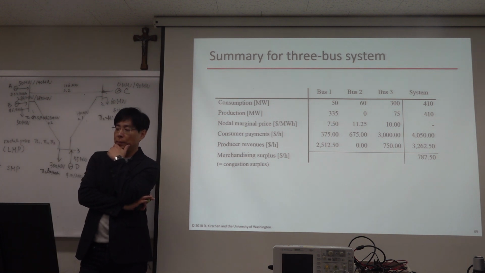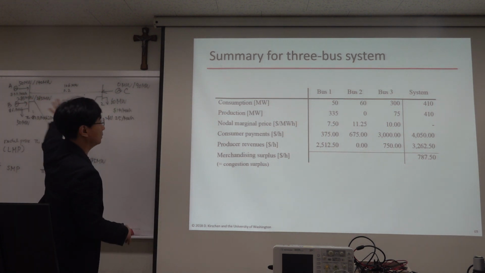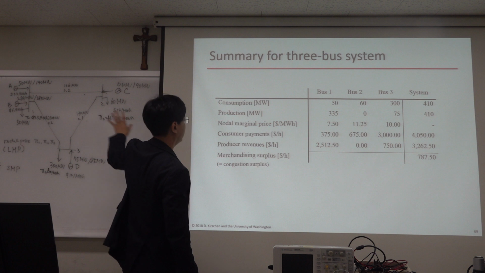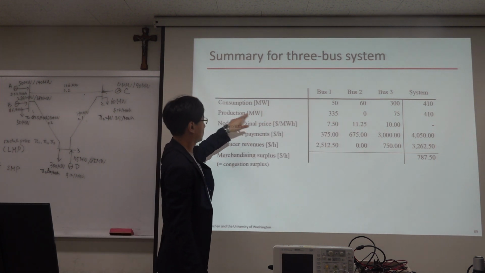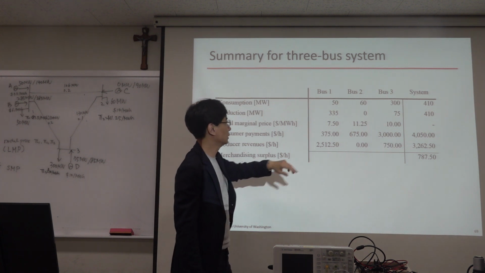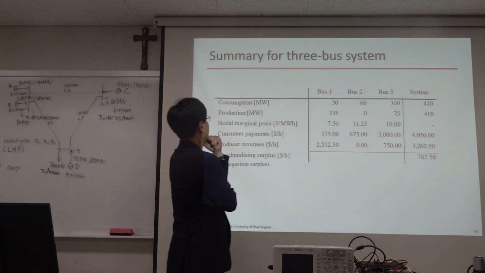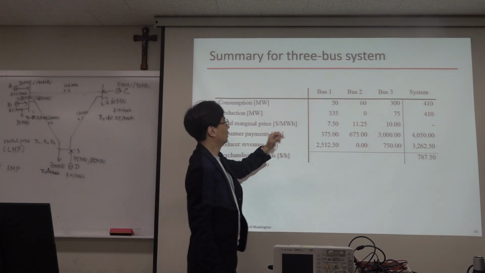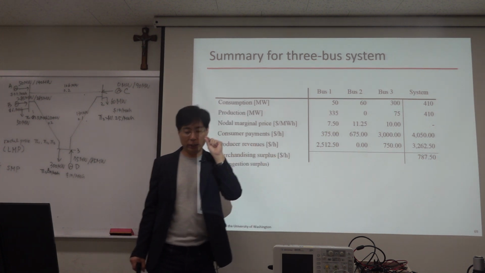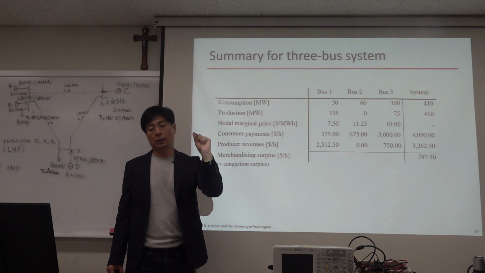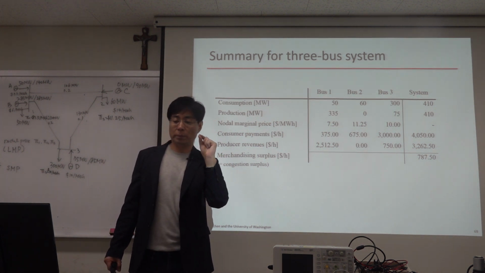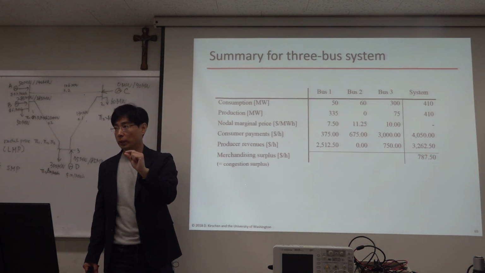So, summary for the 3-bus system. Consumptions and productions are listed here, and we computed the nodal price, or nodal marginal price. Each bus's generators are paid at the nodal price, and each bus's consumers pay at the nodal price, right?